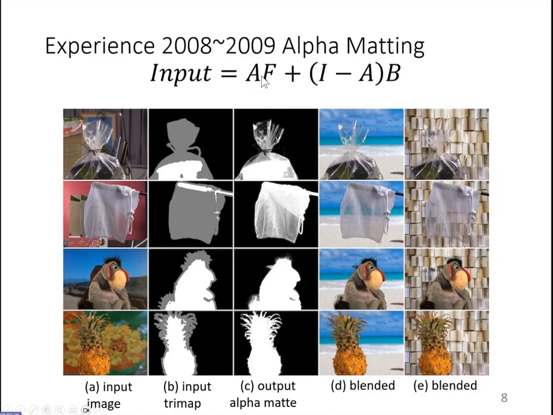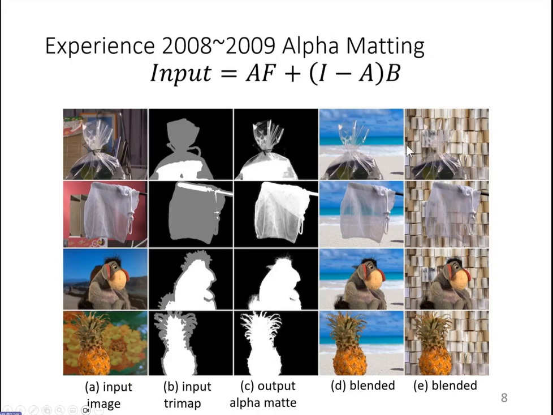So if I can accurately estimate, F means foreground and B means background. The alpha means the alpha channel. It means the transparency. And I means the identity matrix. So if I can successfully separate the foreground and the background, then I can replace the background with something I want.